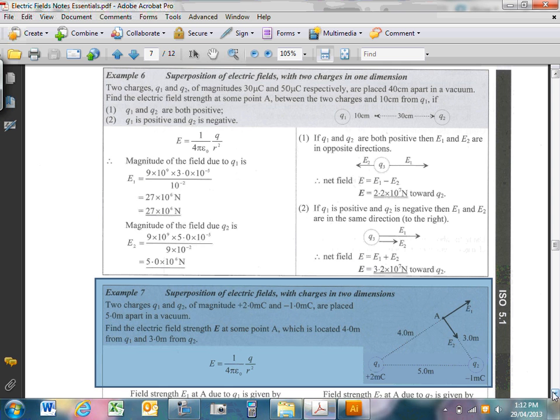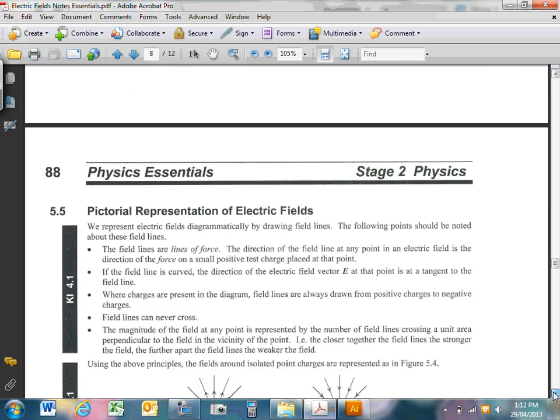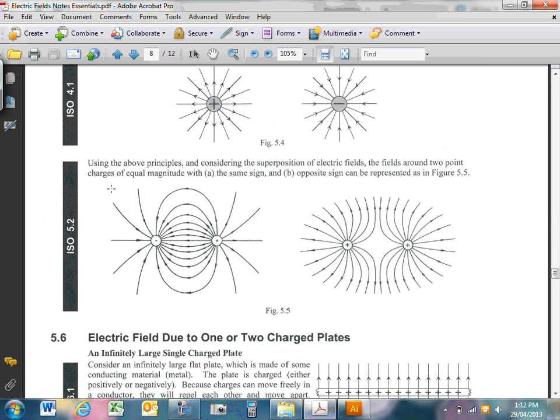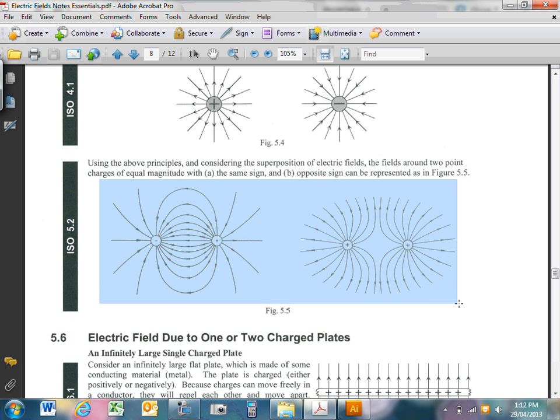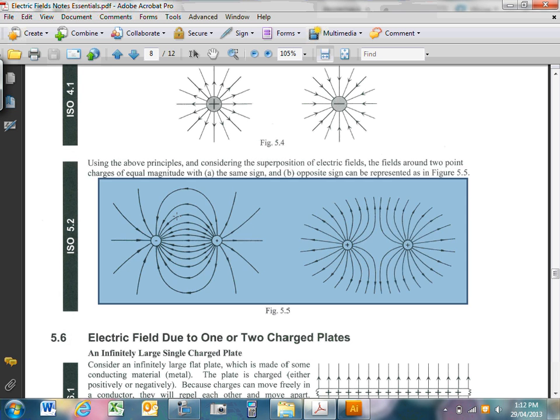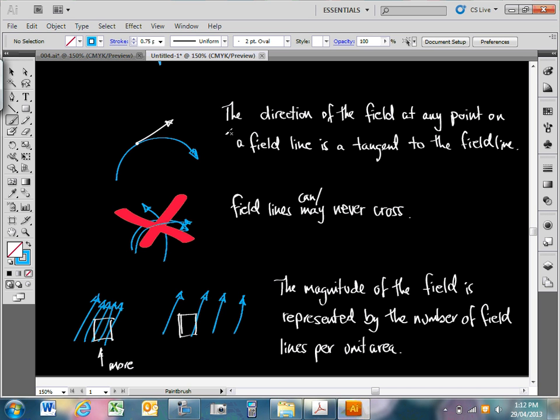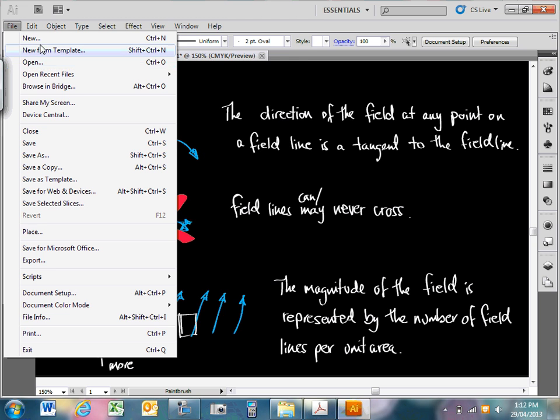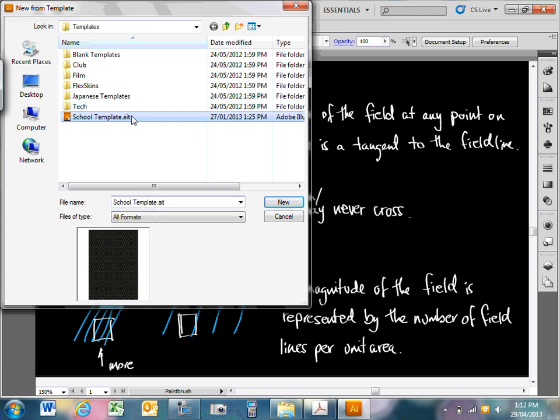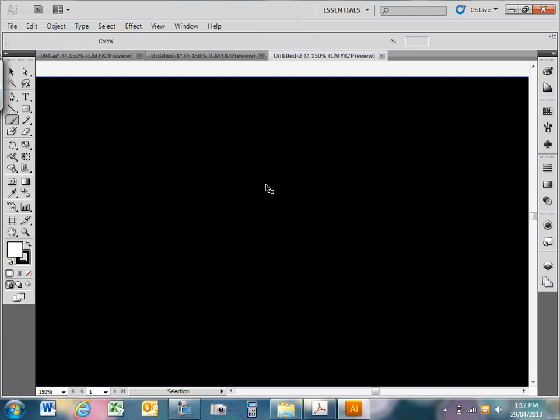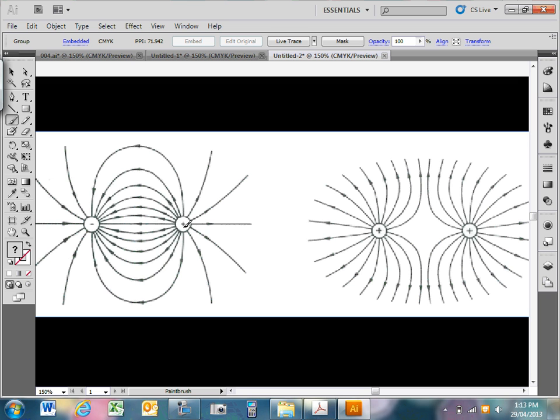Here's a pictorial representation. Does anybody know what this is called? Here we have a positive charge and a negative charge.